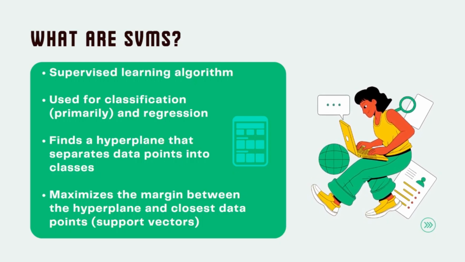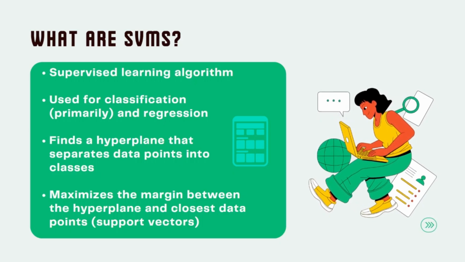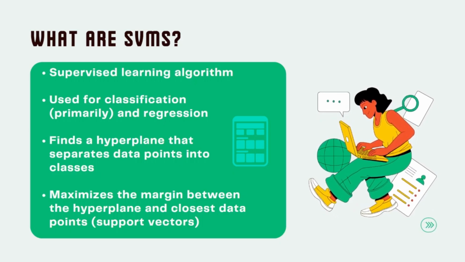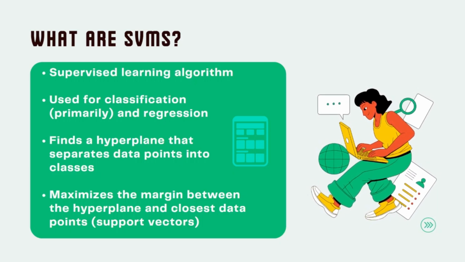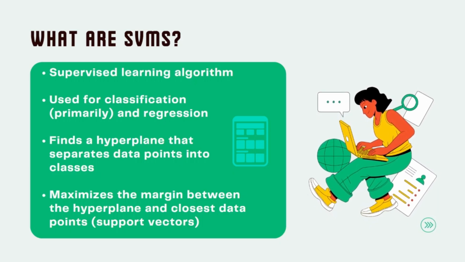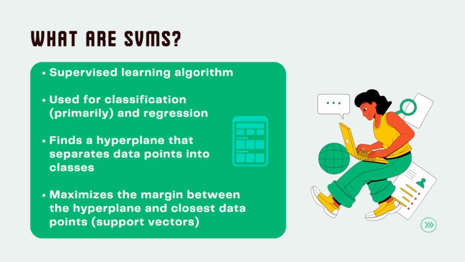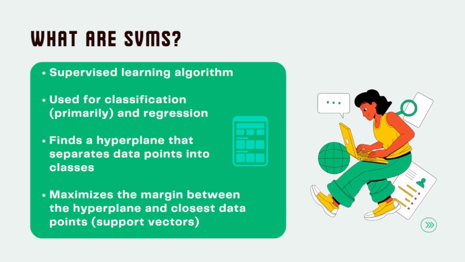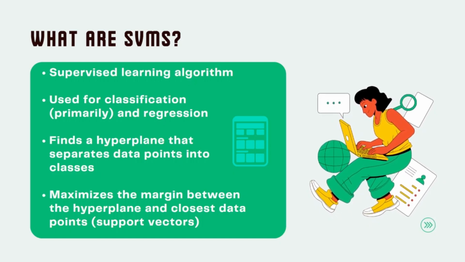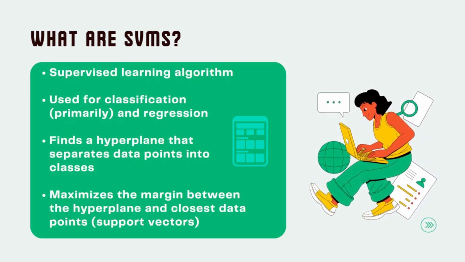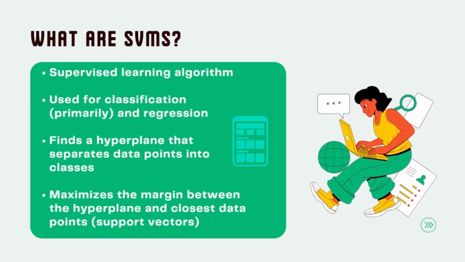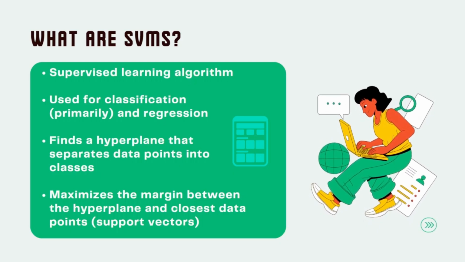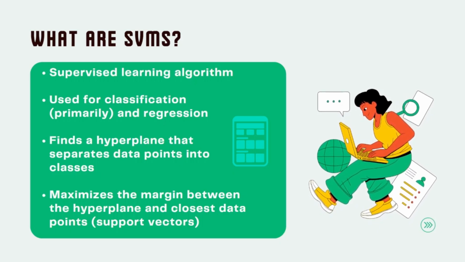SVM achieves this by finding a hyperplane, which is a decision boundary in high dimensional space, that best separates the data points belonging to different classes. The key aspect of SVM is maximizing the margin between the hyperplane and the closest data points from each class. These closest data points are called support vectors, and they significantly influence the position of the hyperplane.